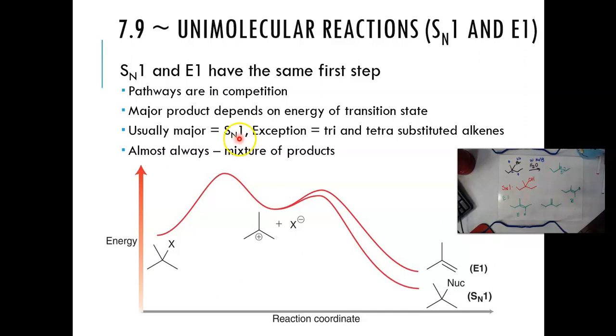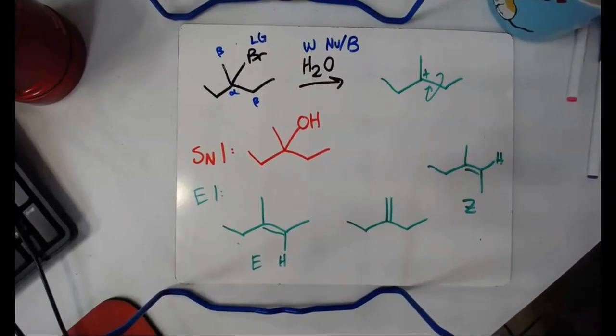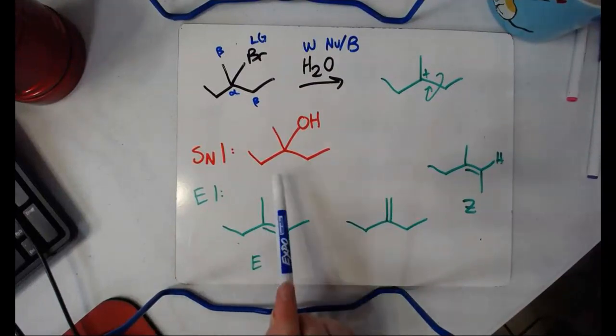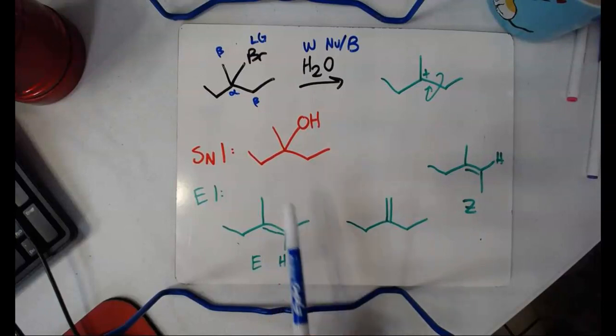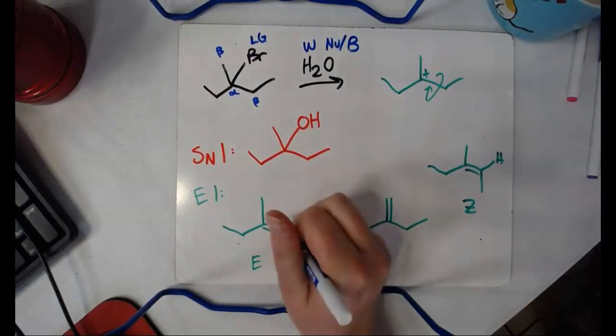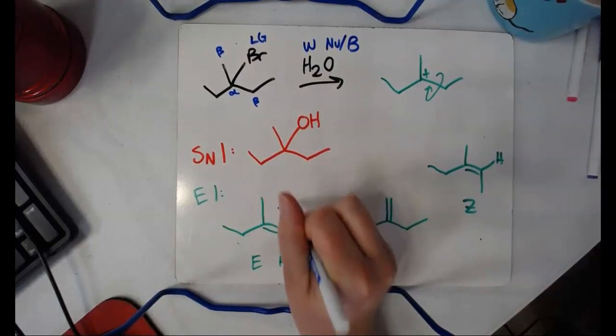Of course, there have to be exceptions to this. And so the exception is when we can make tri- and tetra-substituted alkenes. So let's go back and look at the products we just drew. And if we look at what we've created, we have our SN1 product. We have our 3 possible E1 products. This one is tri-substituted.